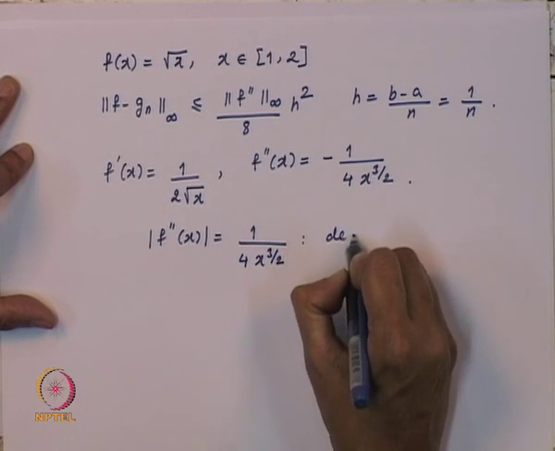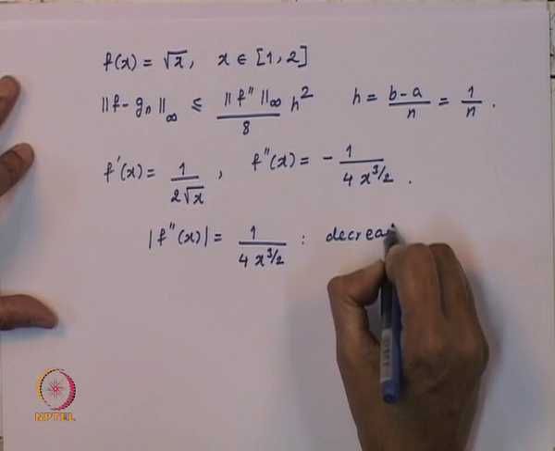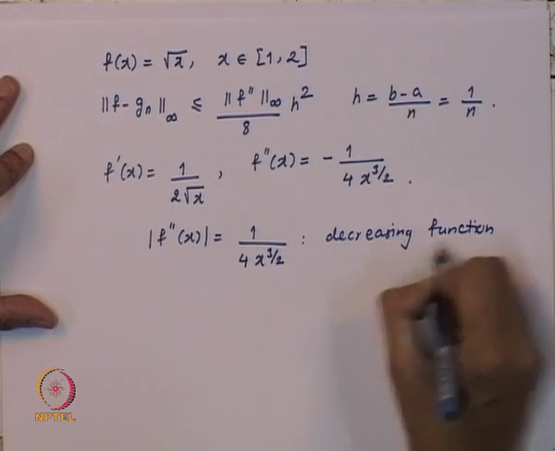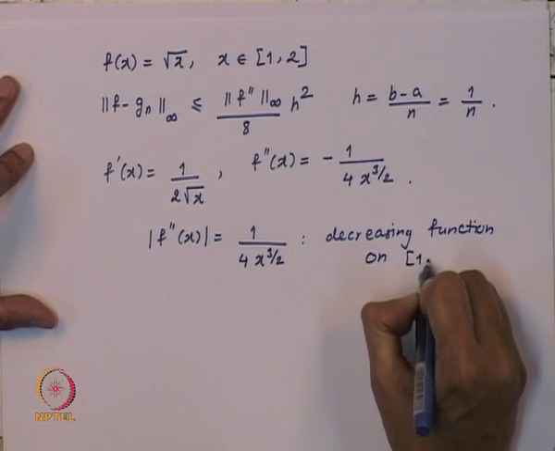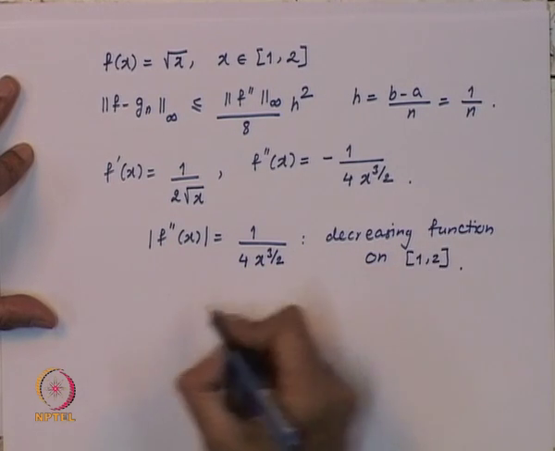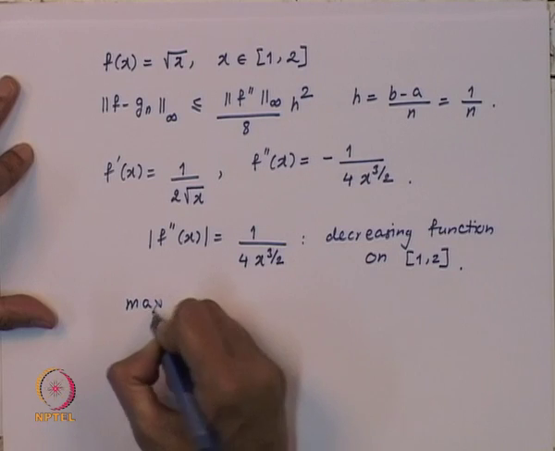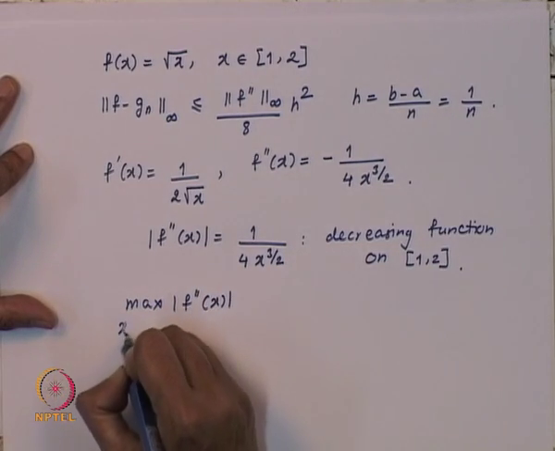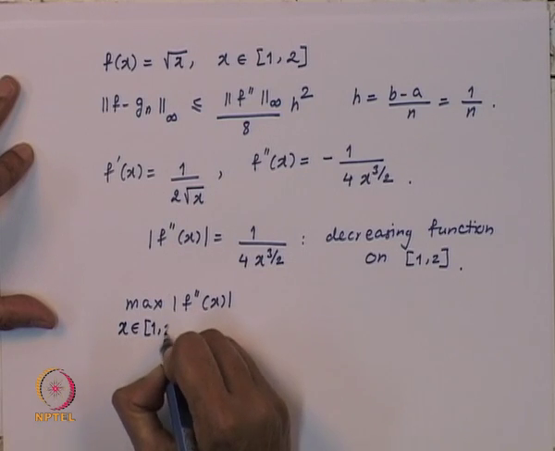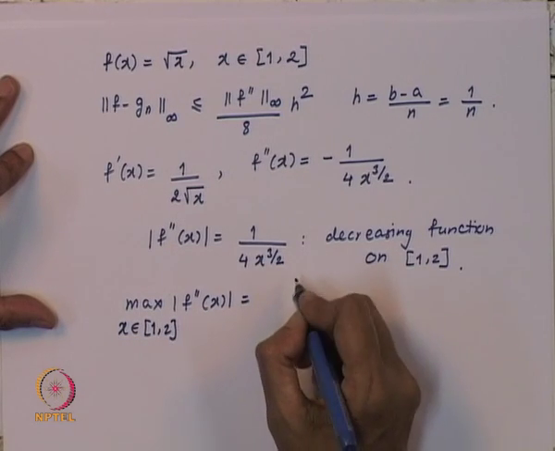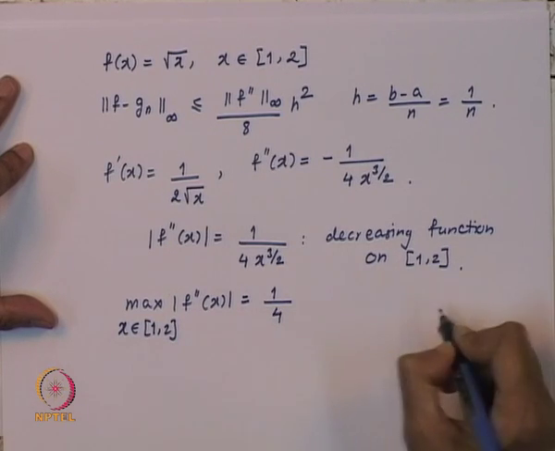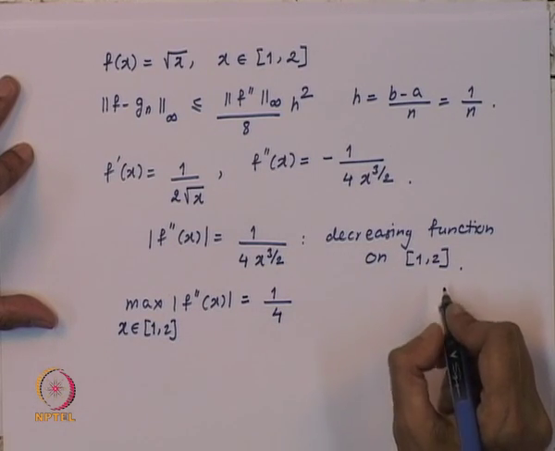So, this is a decreasing function on interval 1 to 2, and hence maximum of mod of f double dash x, x belonging to 1 to 2, will be attained at the left hand point 1, and then you get it to be equal to 1 by 4.